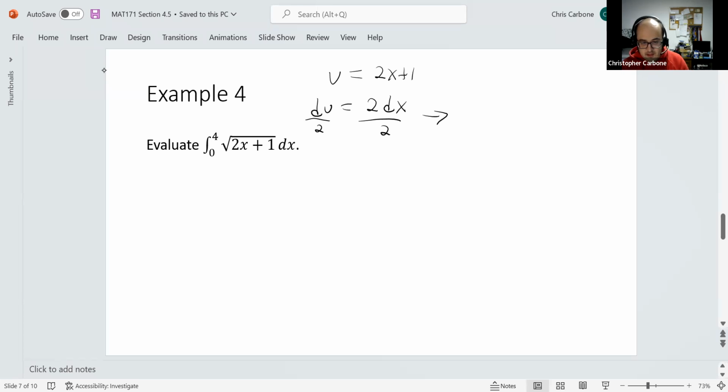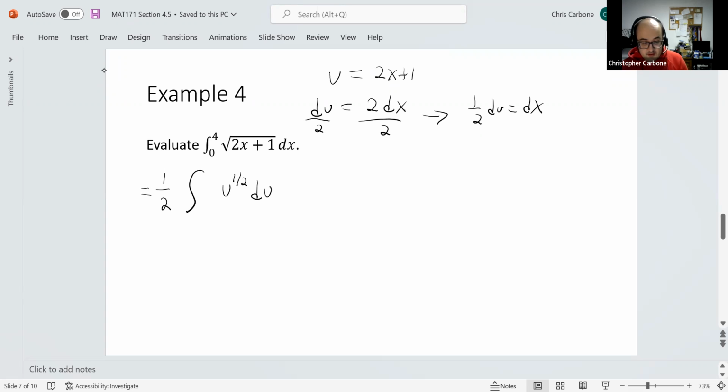So this would be 1/2 du is equal to dx. So when we're applying this now, we would have 1/2 times the integral of u to the 1/2 du.